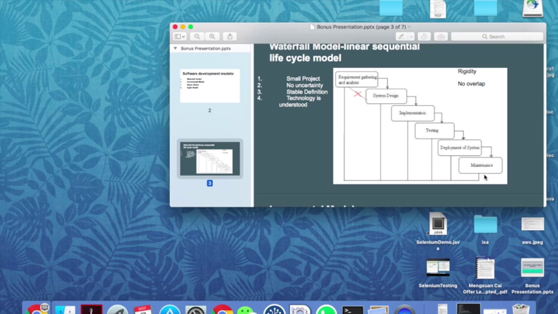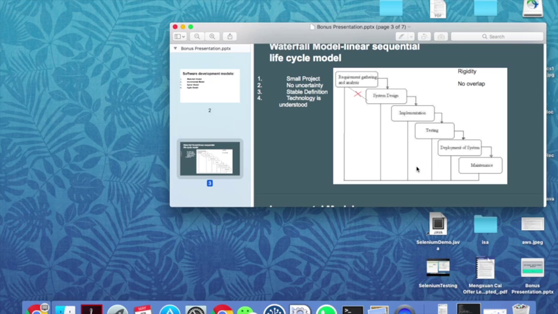As for the disadvantages, once an application is in the testing stage, it is very difficult to go back and change something that was not well thought out in the concept stage. So if you find out the system design is not quite right, you cannot go back to gathering requirements again. And no working software is produced until late during the life cycle.